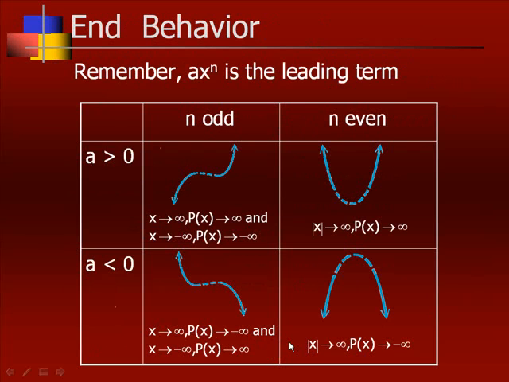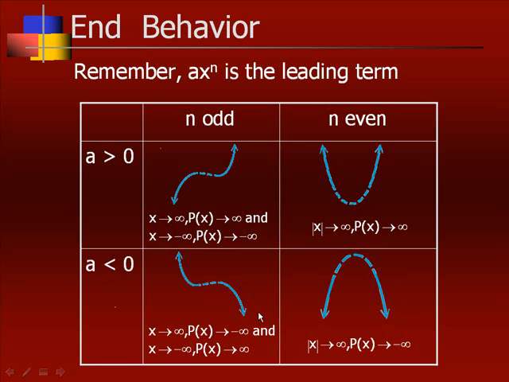Now, in end behavior, remember ax to the n is the leading term. And all of these polynomial functions will break down into 2 categories. They will either have a parabola-shaped graph, or they will have this S-shaped graph.